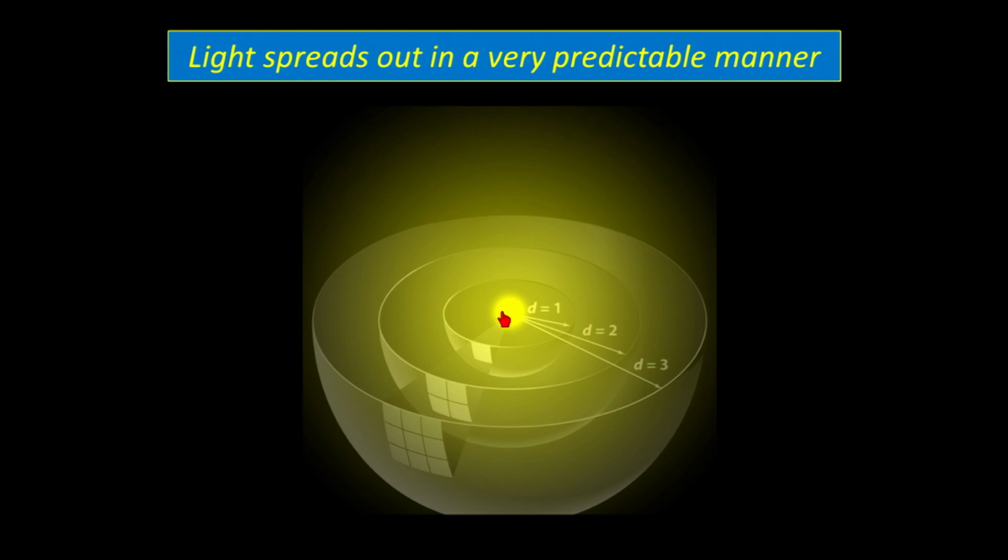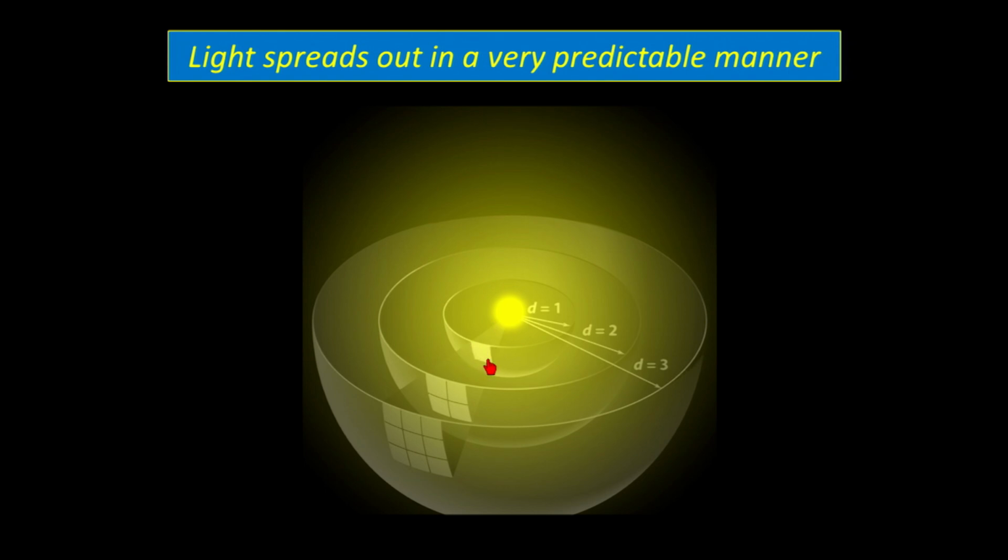Now, when the light goes off in all directions, what we're going to do is just follow one portion of the light. The light, let's say, that leaves the star right here and has reached this distance here. And to make the geometry of this even easier, let's pretend that the light reaches this distance, and we're going to measure it as this square that represents this portion of the light that has reached this distance.